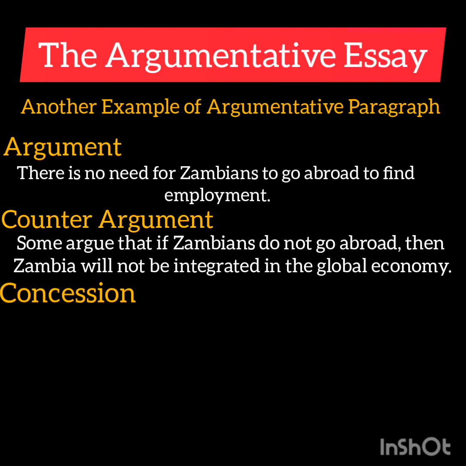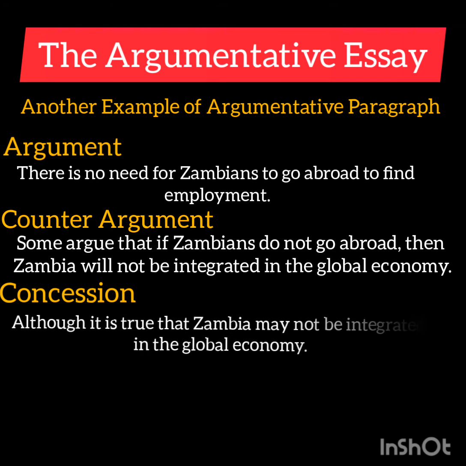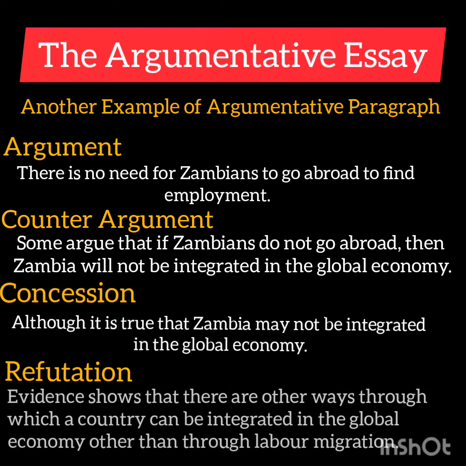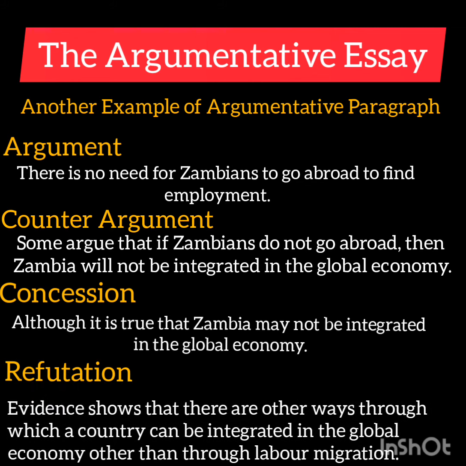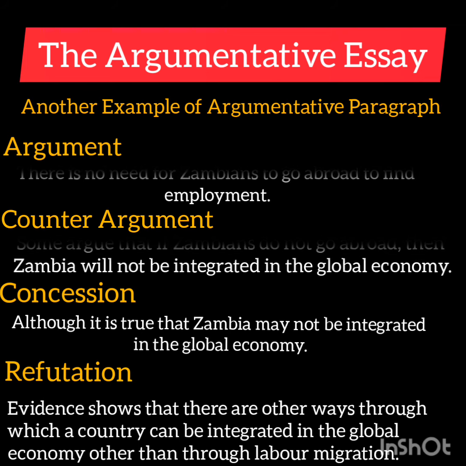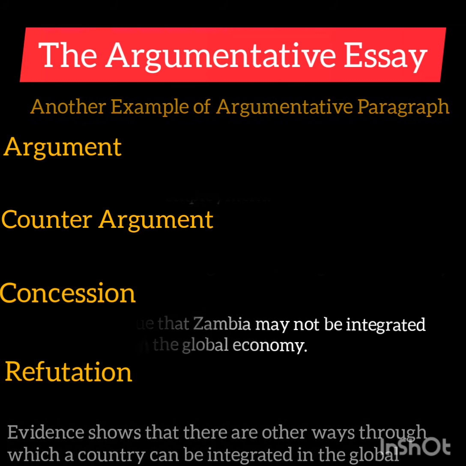Concession. Although it is true that Zambia may not be integrated in the global economy, the refutation now follows. Evidence shows that there are other ways through which a country can be integrated in the global economy other than through labor migration.